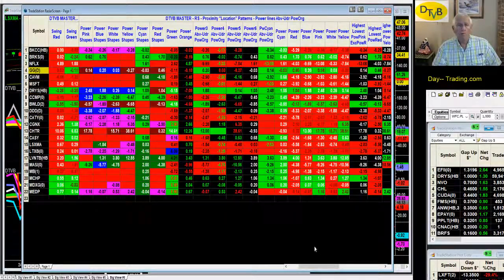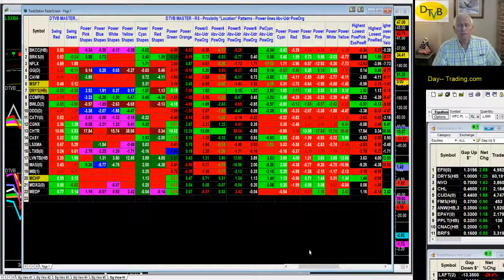We know that a BOC lower pattern is weak compared to a BOC higher pattern. And if you get a BOC higher pattern on a peak, you've got a situation where the vast majority of the time the bulls have pushed the price up way beyond what it should have been, and it's going to go down the next day.